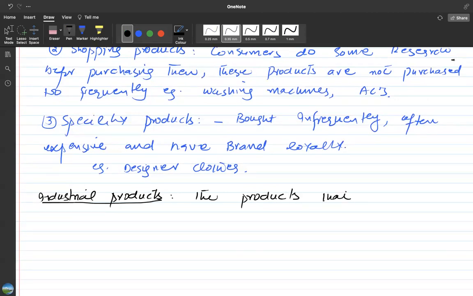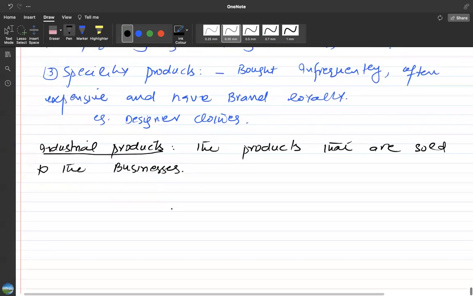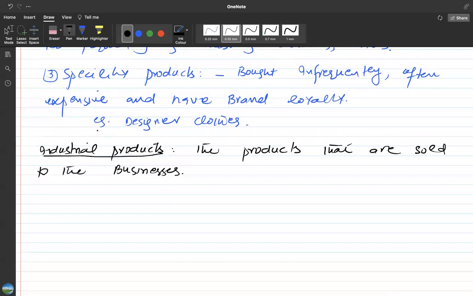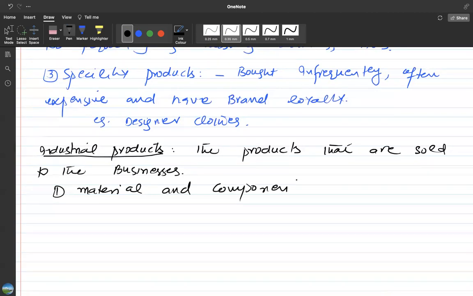For example, materials and components needed for the production to take place.